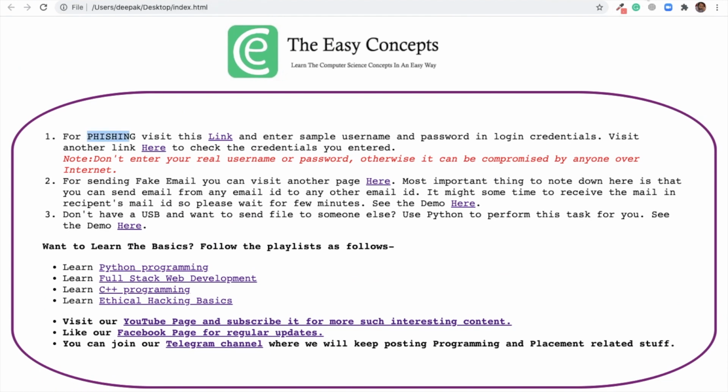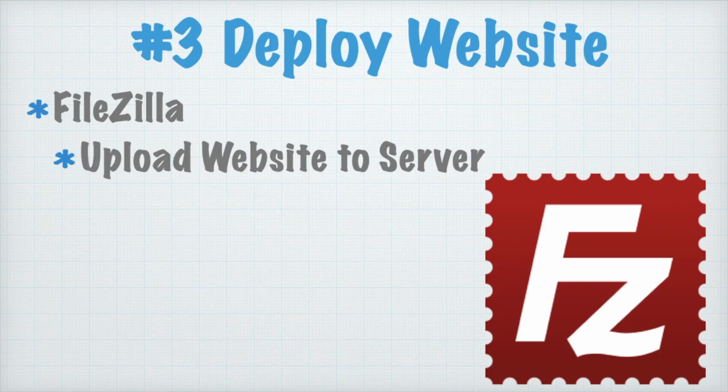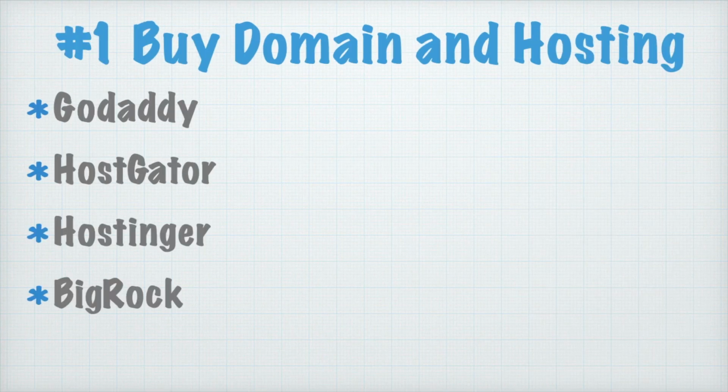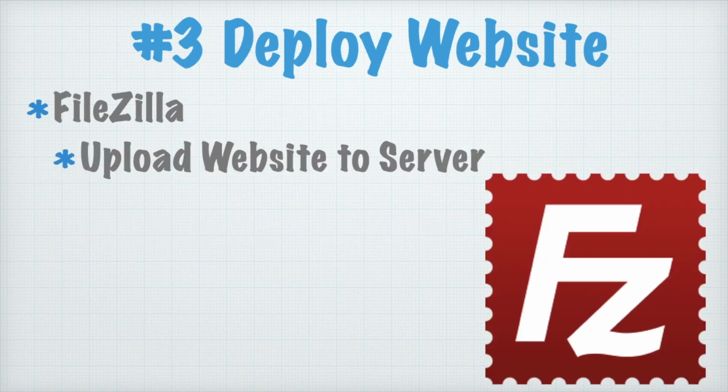Now I'm going to close this local file, and you can close FileZilla as well, because we are not working on this anymore. So now you have learned how to buy a domain and hosting using these service providers, and then the way you can develop a website and deploy a website. All right, so you have learned all the processes till now.